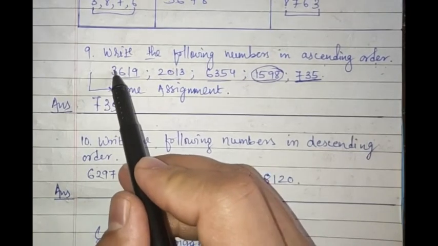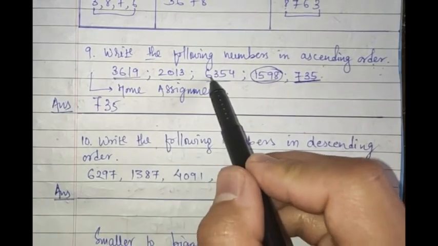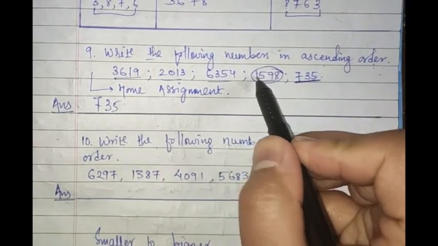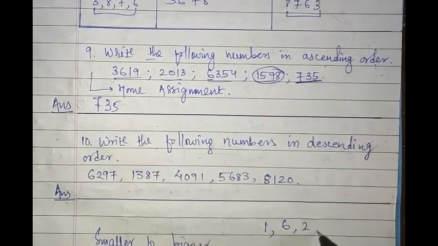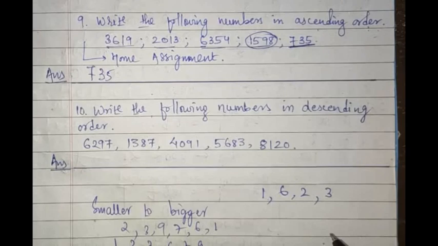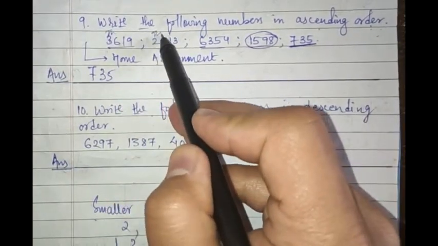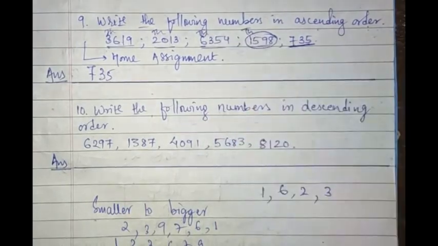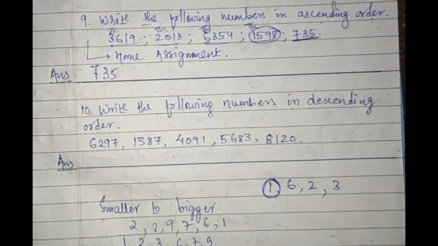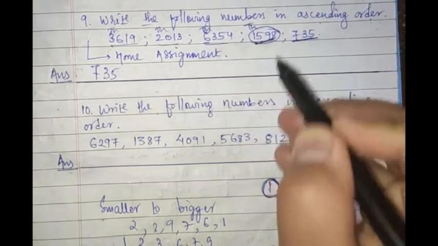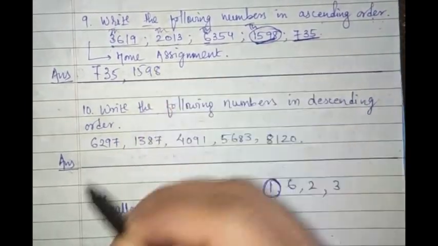Because when you compare the thousands position, suppose from here, I have 1, then 6, then 2, then 3. So the competition is between 1, 6, 2, 3. I am taking only the thousands position. If you have to check which one is the smallest, then 1 is the smallest number. So I will include 1598 as the second smallest number.